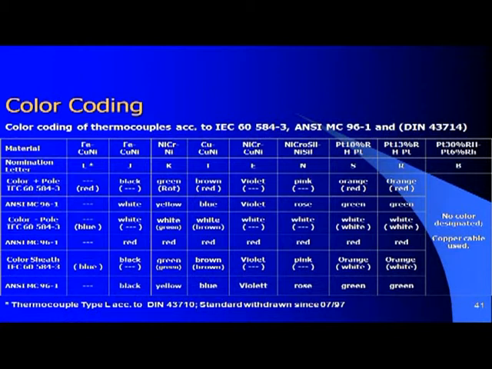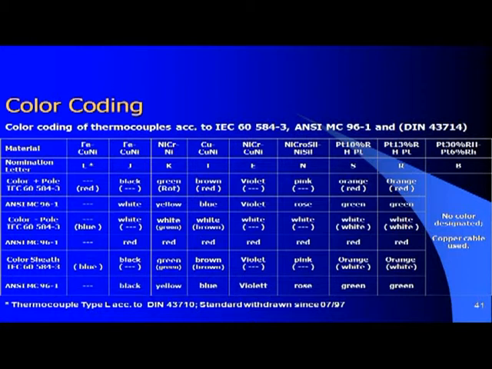So this is a table for the different color coding, which was also previously used in Europe, and sometimes in older installations you find the old color coding still today.